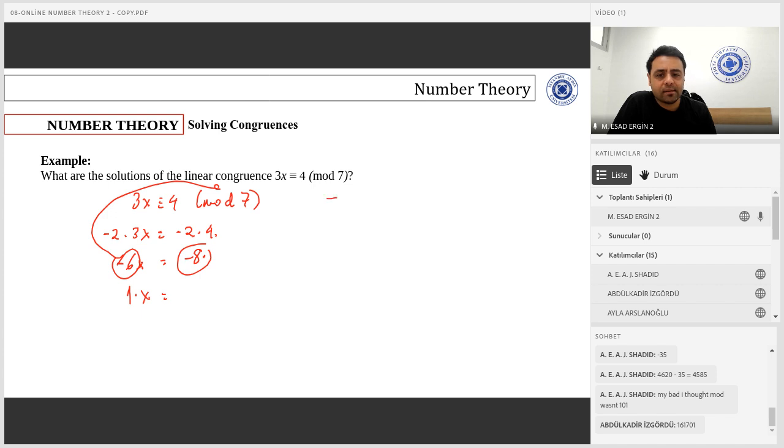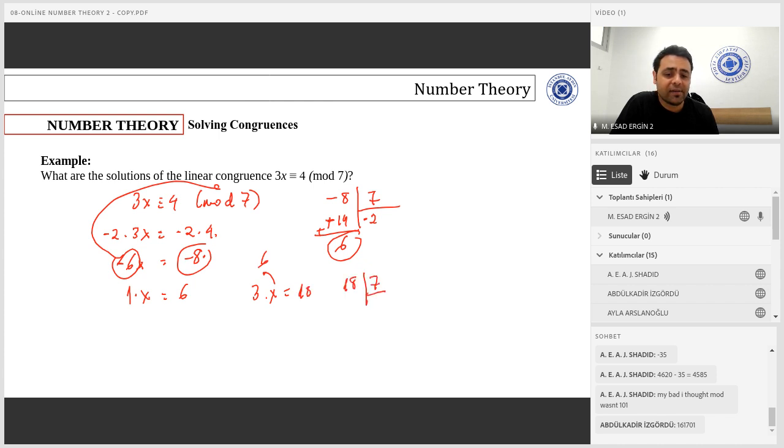We are trying to find the smallest positive one, which is minus 8 minus minus 14, so x will be 4. In fact, if x is 6, 3x will be 18. If you divide 18 by 7, the remainder will be 4, which is here.